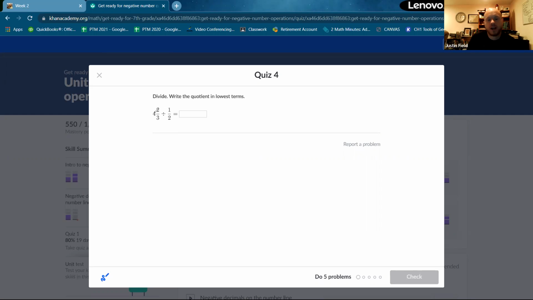Okay, so again, we're going to change this to an improper fraction. 4 times 3 plus 2, which is 12 plus 2 is 14, divided by 1/2. When we divide fractions, we flip and multiply. So multiply by 2 over 1, which would be 28 over 3.